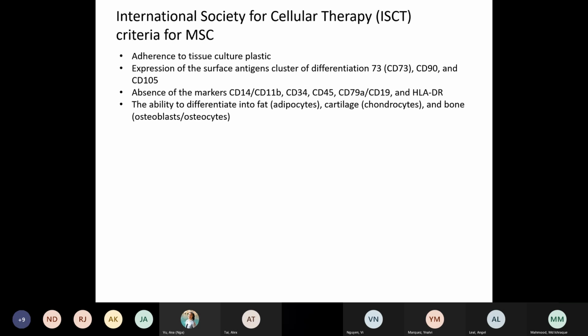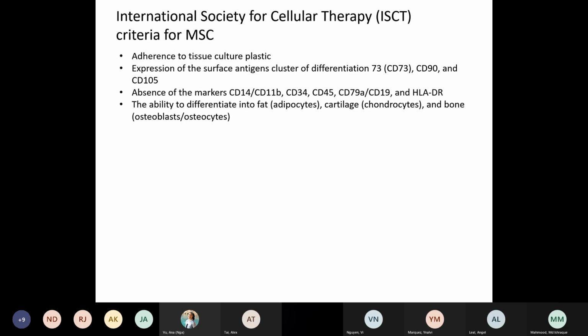And then the second is expression of surface antigen CD markers, CD73, CD90, and CD105. Okay, so these are positive markers, the cells must have those markers. And then the next criterion is the absence of markers. Other CD markers must be missing.